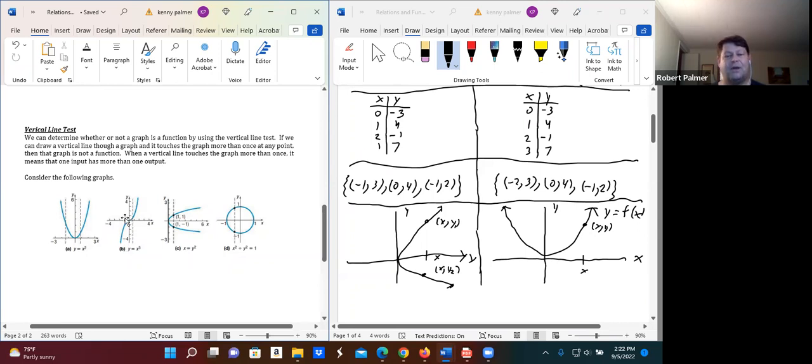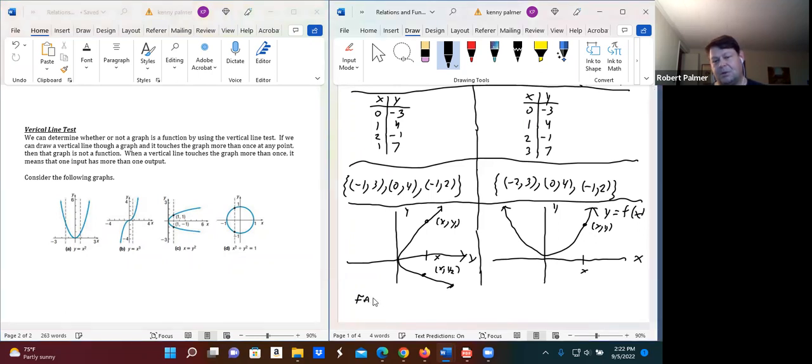So let's discuss that over here. Say this graph, we say this fails the vertical line test. Well, this one passes the vertical line test.